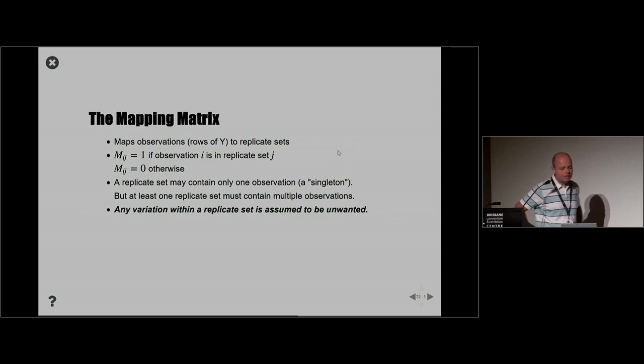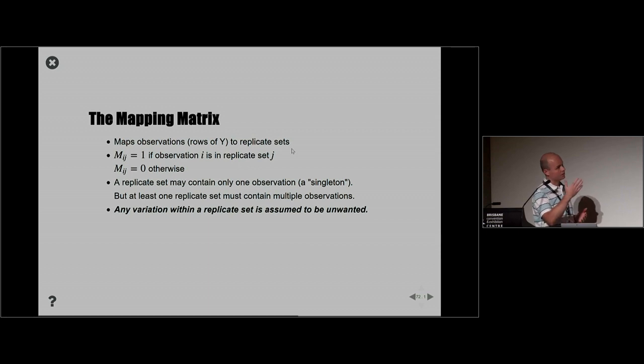Okay, so this mapping matrix, let me just define it briefly. It basically maps observations, so the rows of Y, the microarrays, to replicate sets. So in the case of this data set that I've showed you, we have 30 tissue samples and we have 90 microarrays. Each tissue sample has 3 replicate arrays. And so what we're going to say is we've got 30 replicate sets.